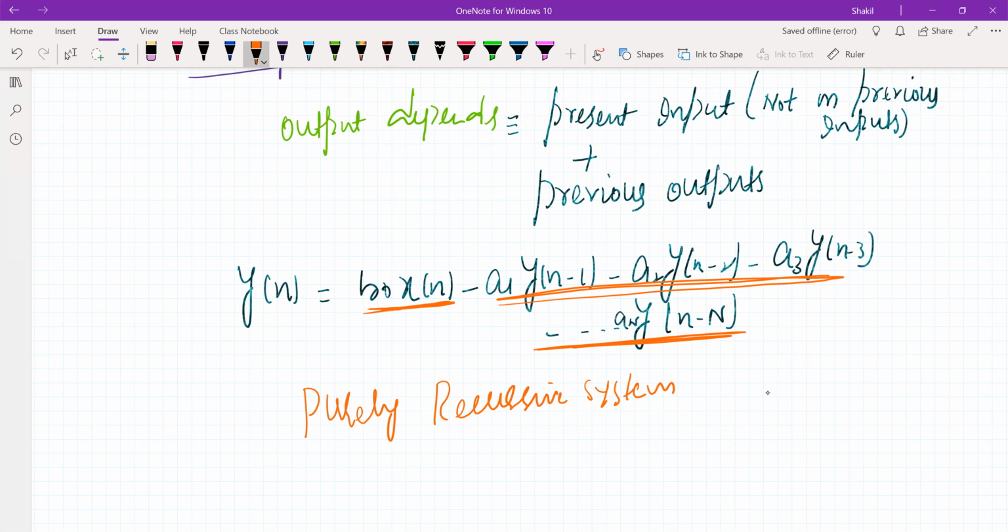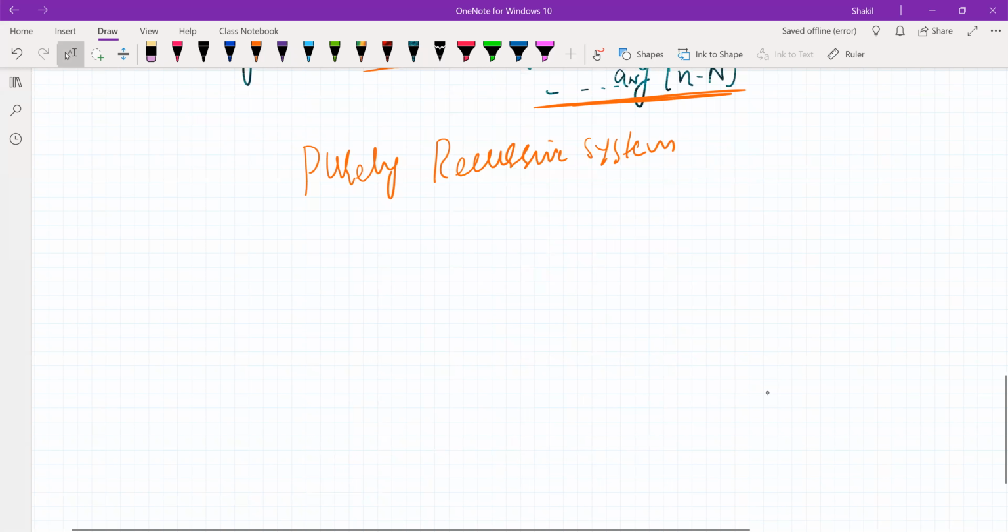That's why this is referred to as auto-regressive: the present output is obtained from the present input plus the past outputs.